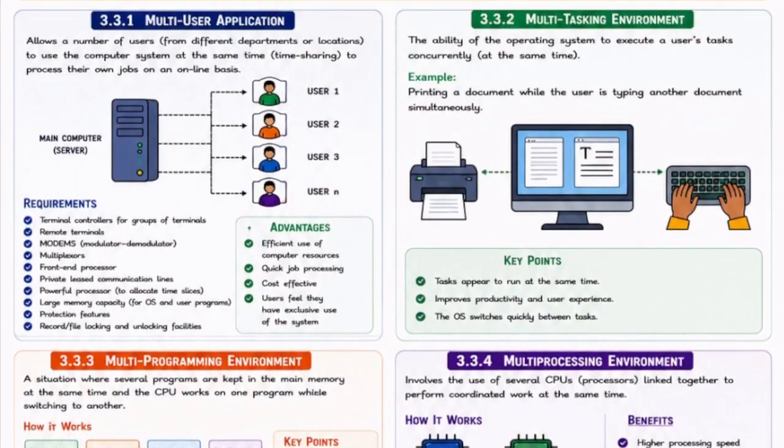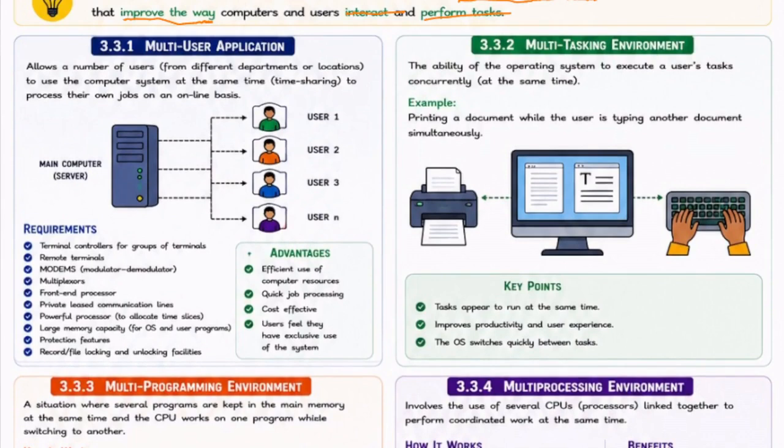I think you remember multi-user application allows a number of users from different departments or locations to use the computer system at the same time, time sharing, to process their own jobs on an online basis. So this is an example of a multi-user application.